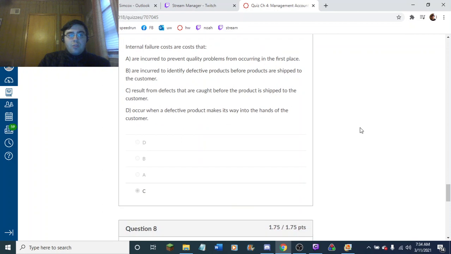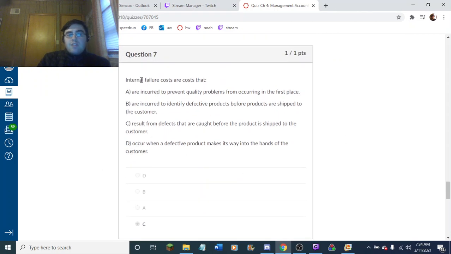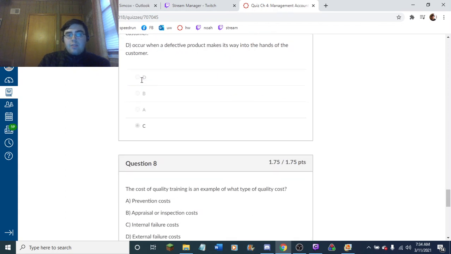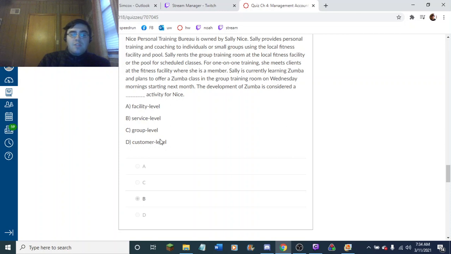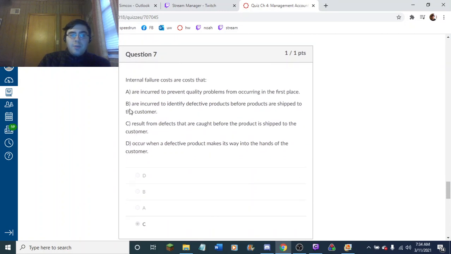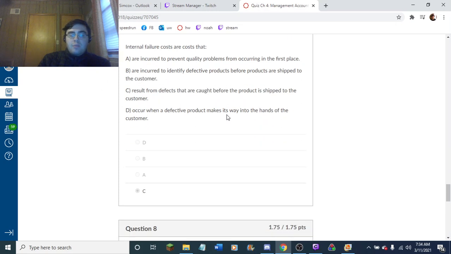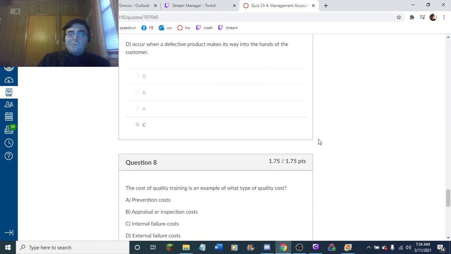Internal failure costs are costs that result. So yeah, this one was somewhat intuitive as well. They are defects that are caught before the product is shipped to the customer. Yeah, okay, I get that one. So what we need to do is study the group level, facility level, service level, and customer level. We need to study what are internal failure, what are preventative costs, and what all the other categories are.